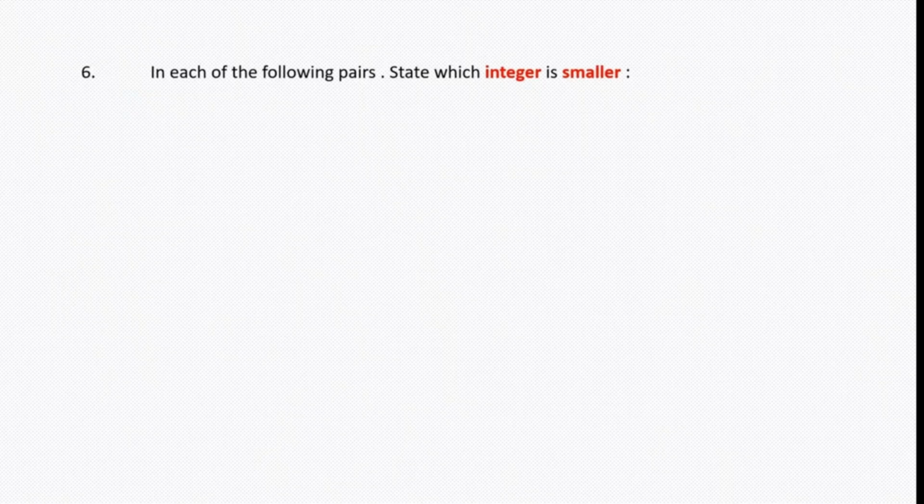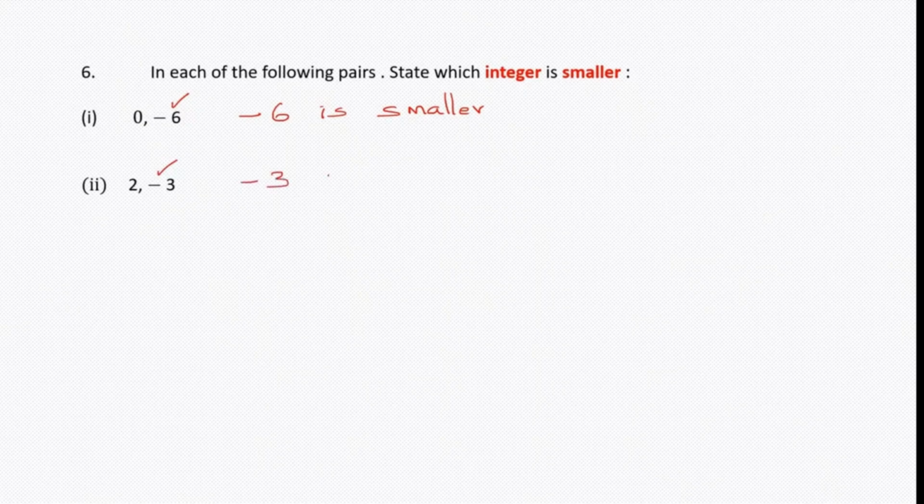In each of the following pairs, state which integer is smaller. So 0 and minus 6, negative integers are smaller. So minus 6 is smaller. Next one. 2 and minus 3. Negative integers are smaller than positive integers.